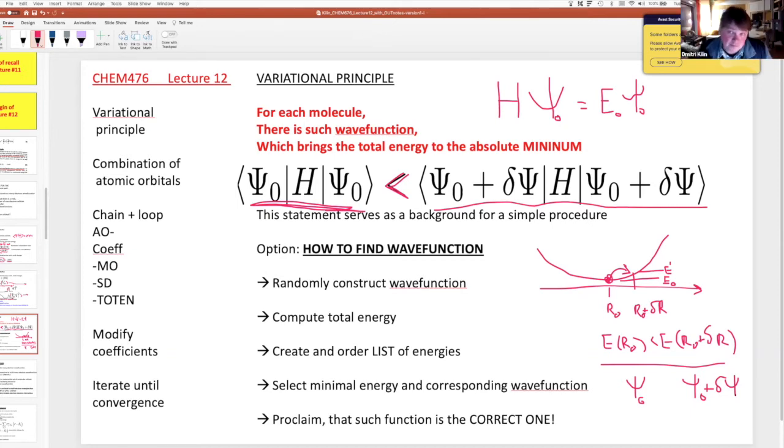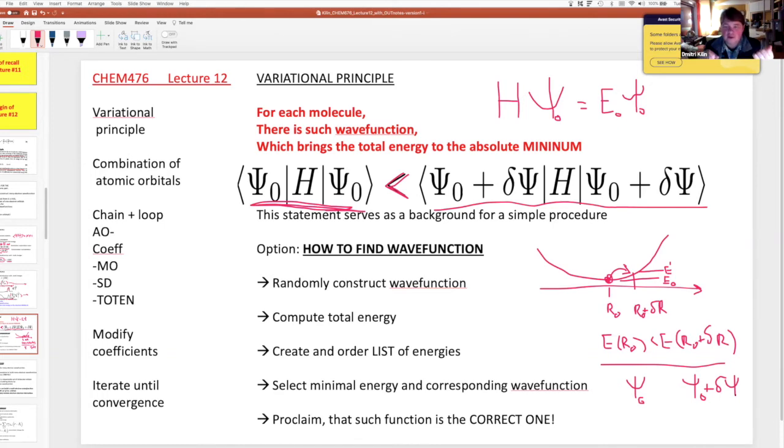Yep. Very good. And any attempt to bring the system away from the minimum means increasing the energy, nothing else. Okay. So why do we need it? Why do we need it in this class and in this lecture and in this subject?